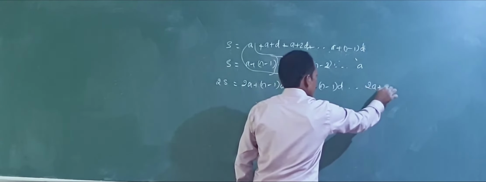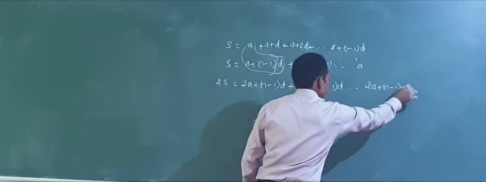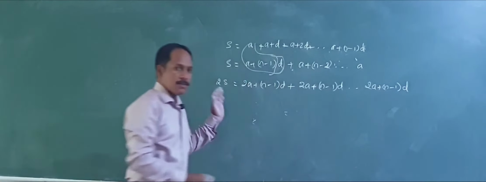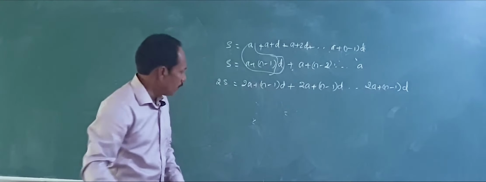Here we write 2a plus n minus 1 into d, again the same thing, 2a plus n minus 1 into d, and so on, plus 2a plus n minus 1 into d. So this is the sum of the arithmetic progression.